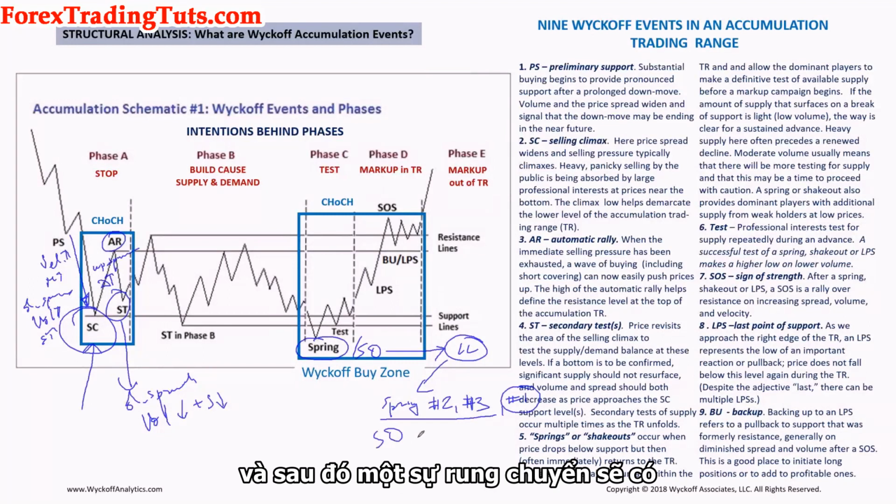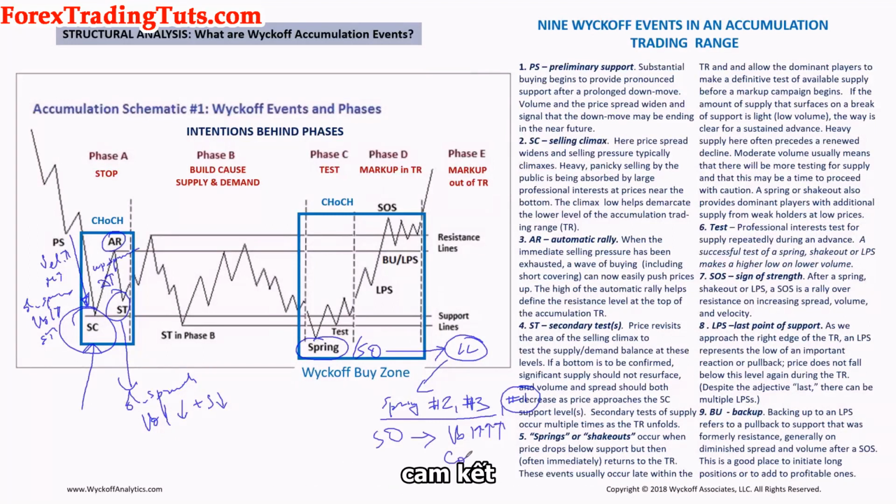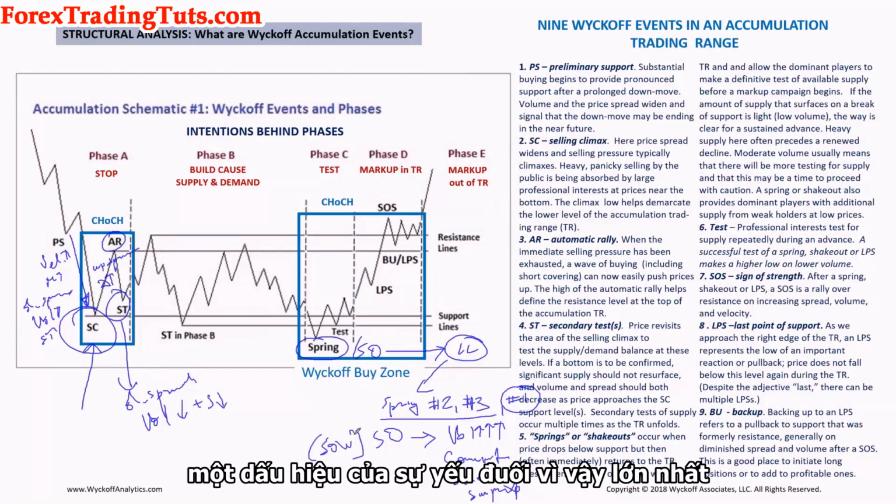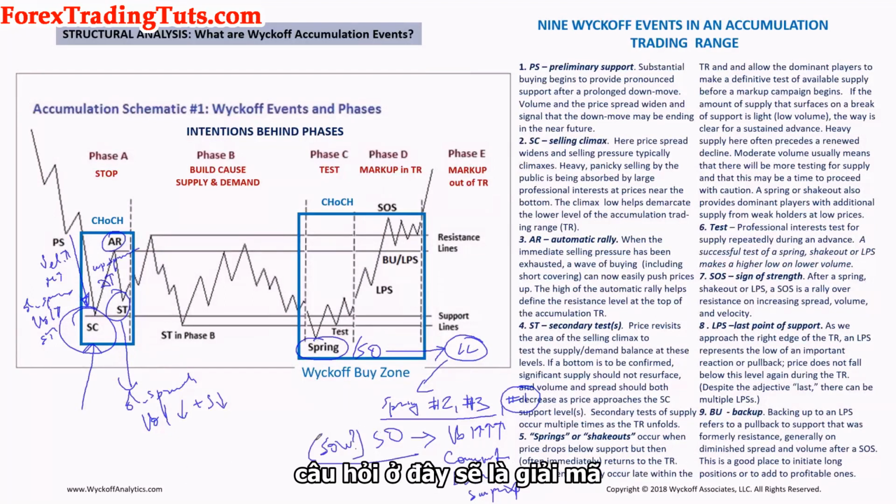And then a shakeout is going to have characteristics where the volume signature is going to increase a lot, and there's going to be a lot of commitment by the price below the support. And it's going to look a lot like a sign of weakness. So the biggest question here is going to be to decipher whether we are in the bullish or bearish bias.